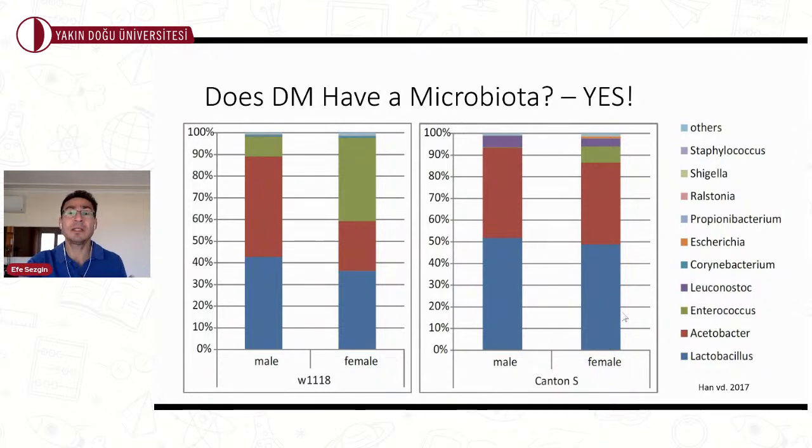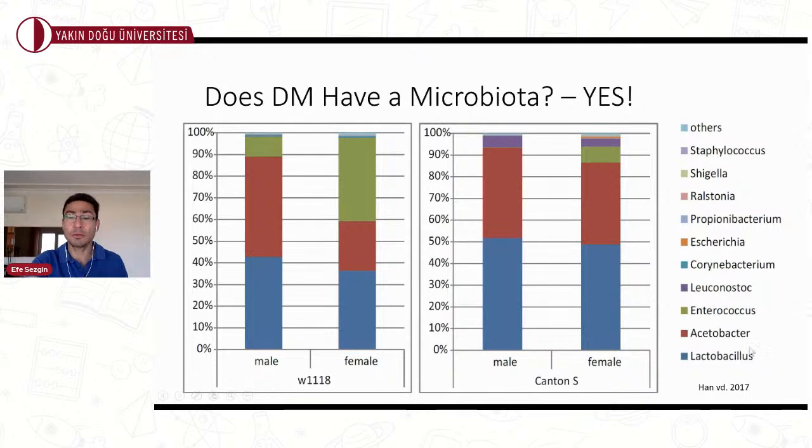People looked at it in laboratory strains. These are not wild caught animals. For example, W1118 or Canton S are famously used experimental fly lines that have been made in the lab for hundreds of generations, and they have a unique microbiota themselves. You can see there's a sex difference between male and female as well.